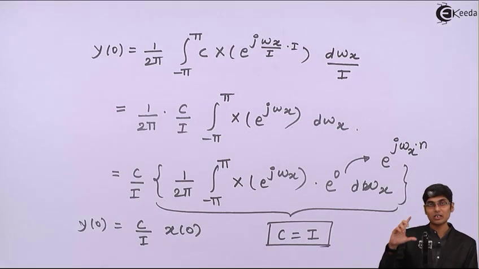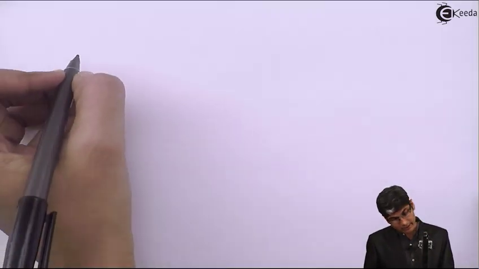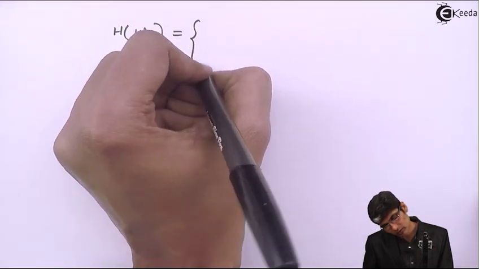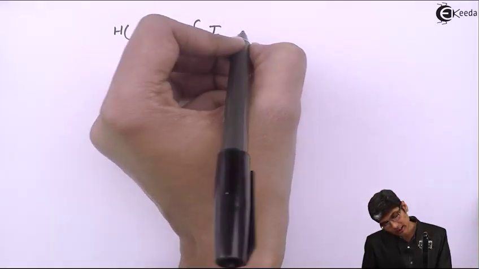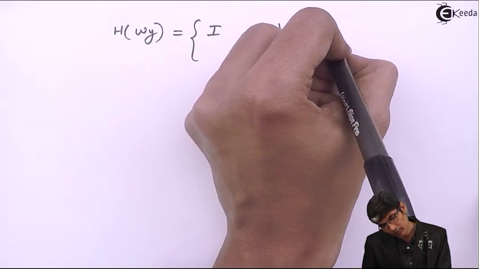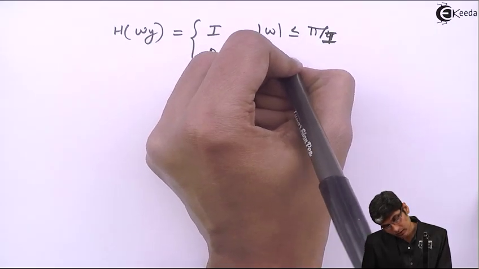So what should be the highest peak of the transfer function of an interpolator is, now I can write h of omega y to be equal to, instead of c I will write I, for mod omega less than or equal to pi by I, and 0 otherwise.